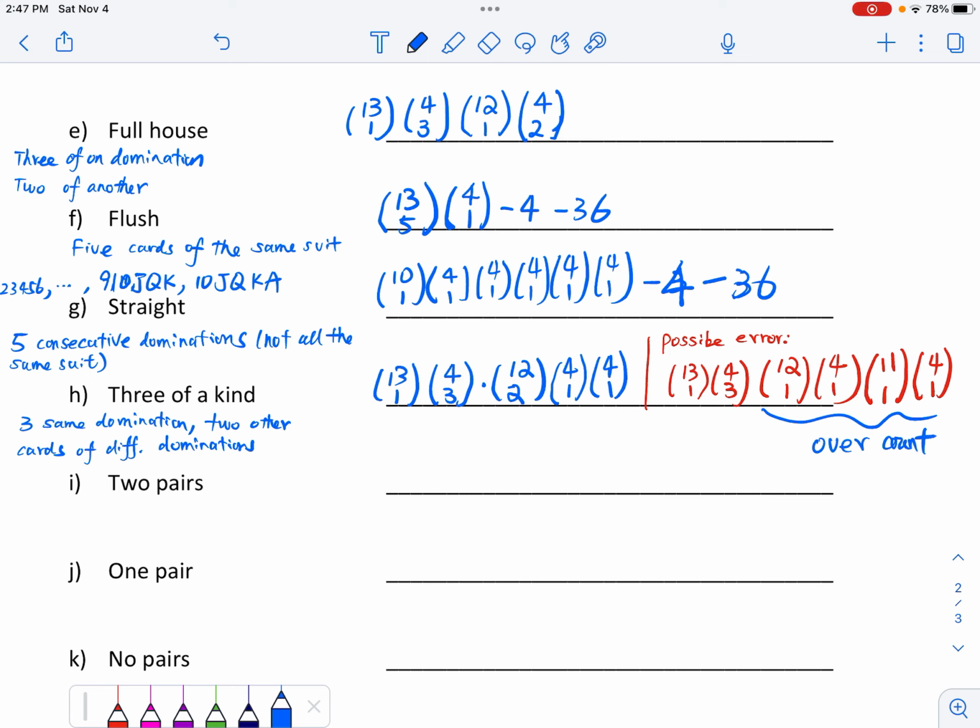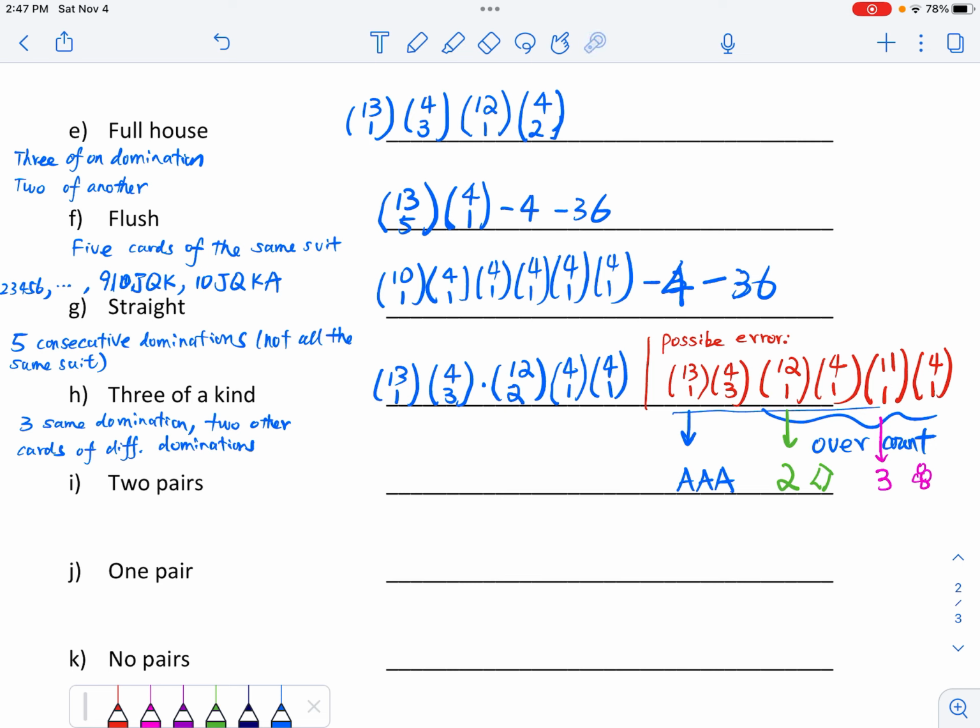Okay, for instance, suppose ace is chosen, so 3 aces will be for the 3 cards that have the same domination. Now this one can be, say, suppose 2 is chosen, a diamond 2. And now the next one is a 3, a club 3.